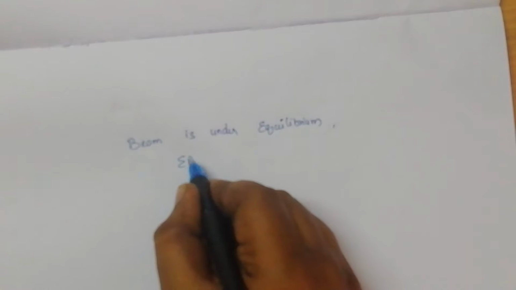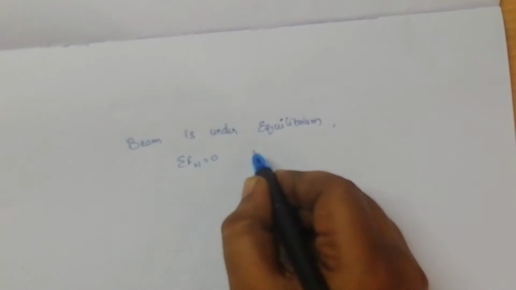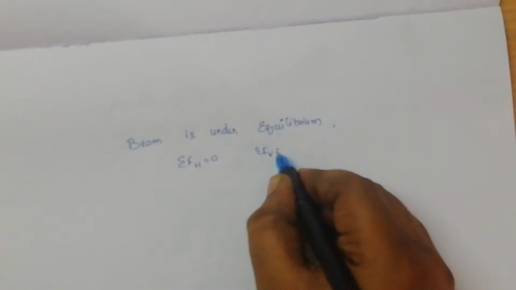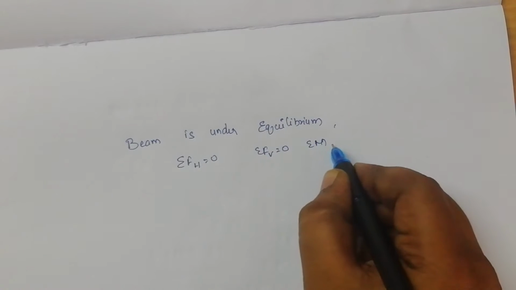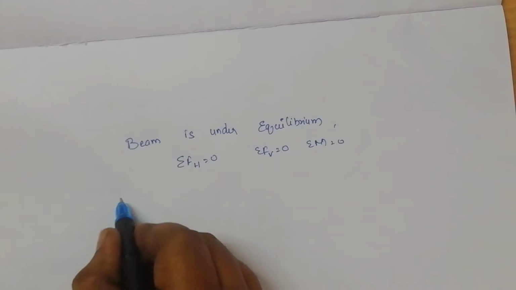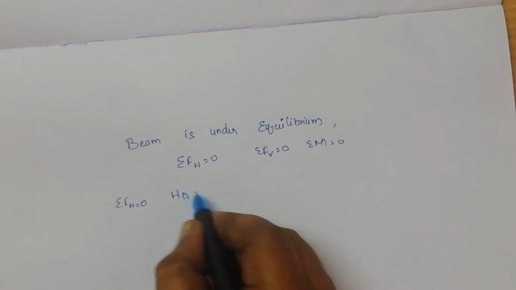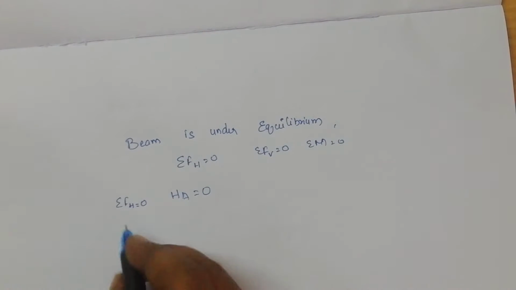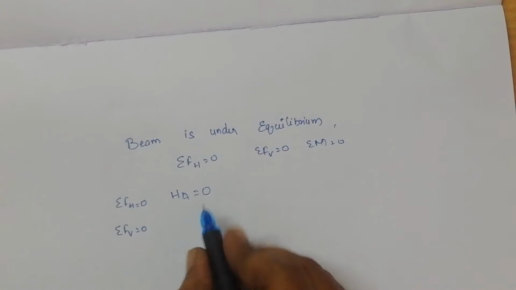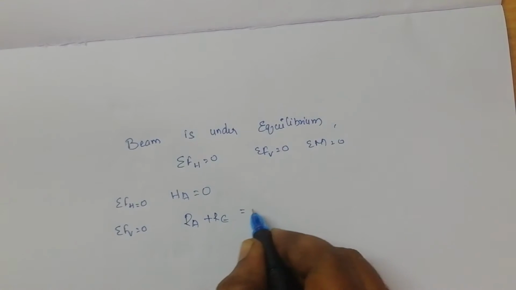First of all, we have to do summation of horizontal forces equal to 0, vertical forces equal to 0, and moment about a point equal to 0. Summation of horizontal forces equal to 0 gives HA equal to 0. When I use summation of vertical forces equal to 0, I get RA plus RE is equal to 7.